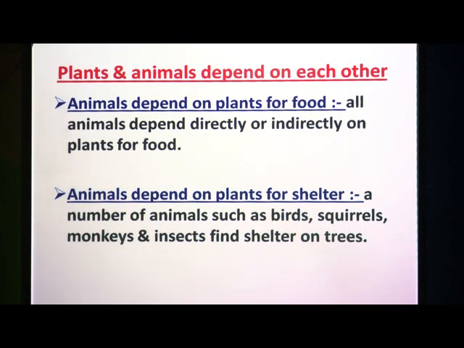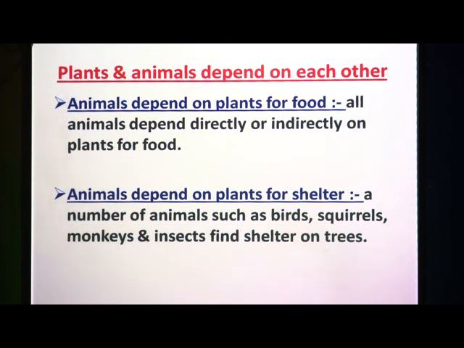So, carnivorous animals indirectly depend on plants for food. How? Herbivorous animals eat plant products, and carnivorous animals eat those herbivorous animals. That means herbivorous animals depend directly on plants for food, but carnivorous animals depend indirectly. So, in this way animals depend on plants for food either directly or indirectly.